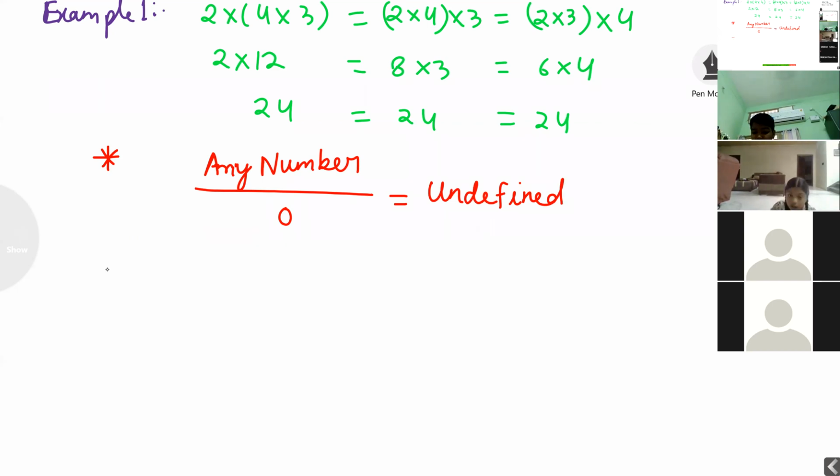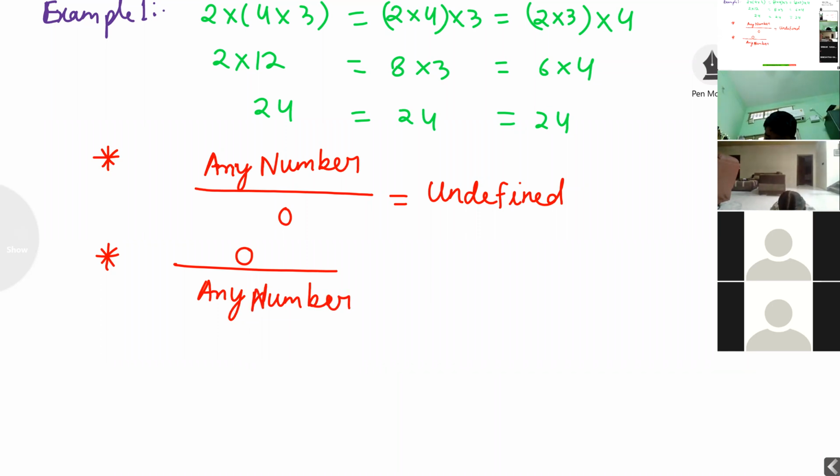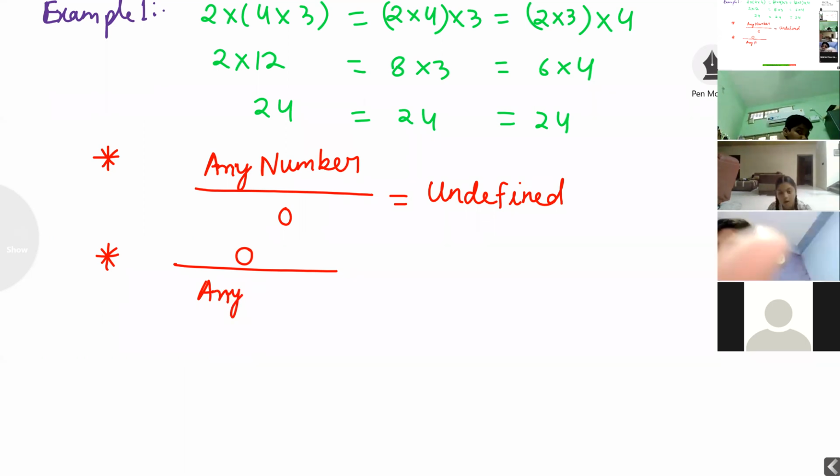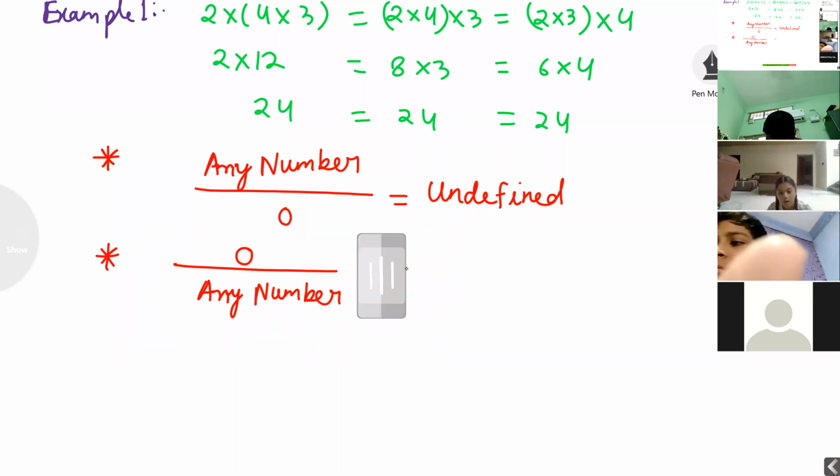Second star point. 0 divided by any number is equal to 0.